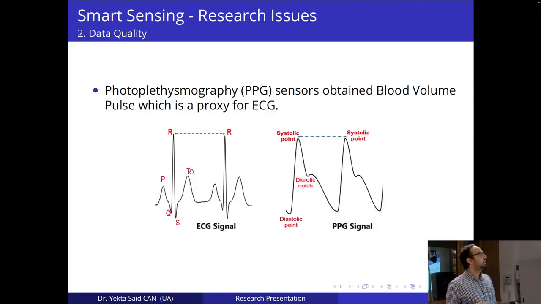However, these devices have lower data quality. Here you can see an ECG signal structure obtained from a medical grade device and a PPG signal, which is a proxy for ECG, coming from the heart activity. But you can see that ECG has more information and a better structure than PPG.